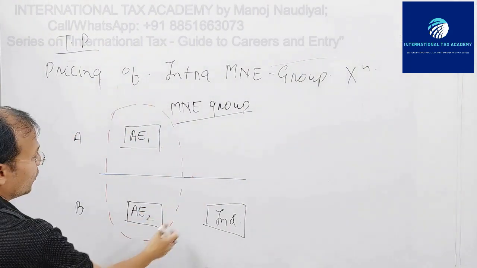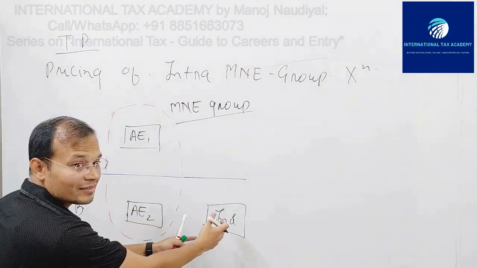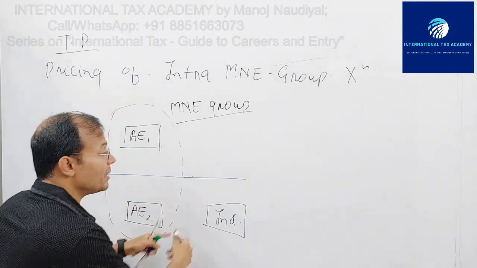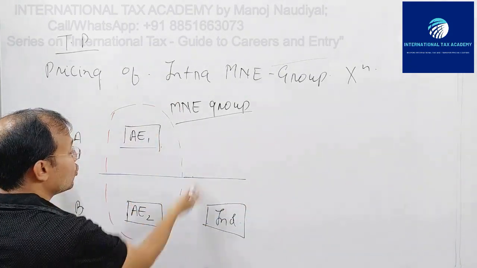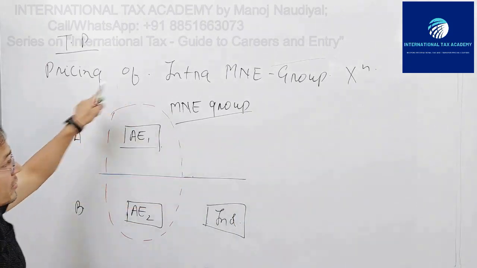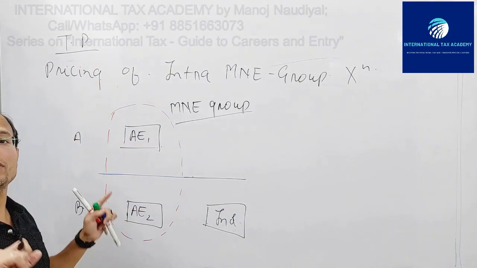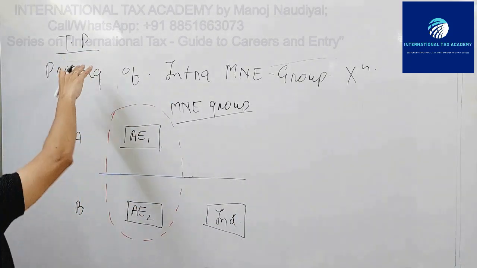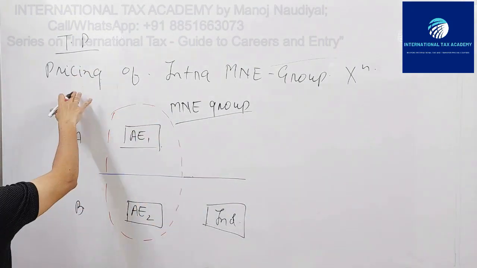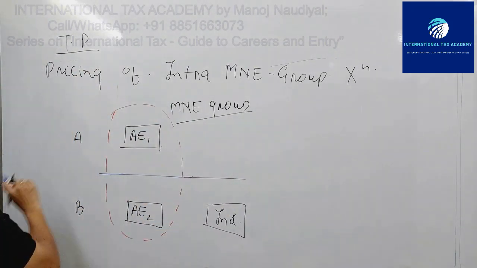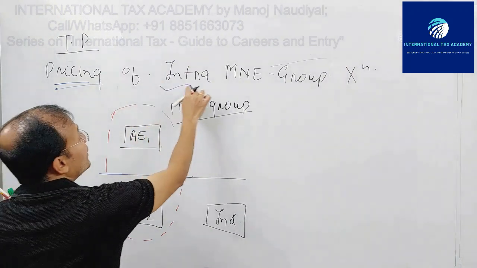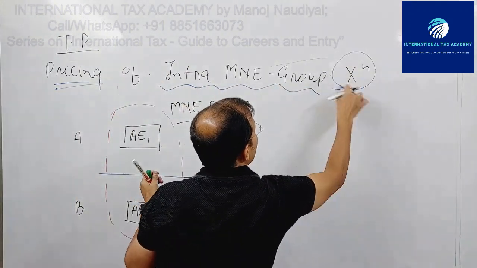Fine. So this is the MNE group. This is not a part of the MNE group. This is an independent entity, and that is why it has been shown outside this dotted circle, which indicates the MNE group. So coming back to the definition, transfer pricing is pricing of intra-MNE group transactions.